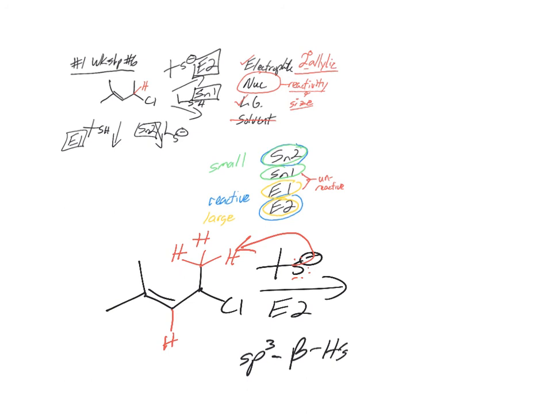So the first step, you need to take that H, the sp3 beta hydrogen. That bond is going to break. 3 arrows. You eliminate the leaving group. You form a pi bond.